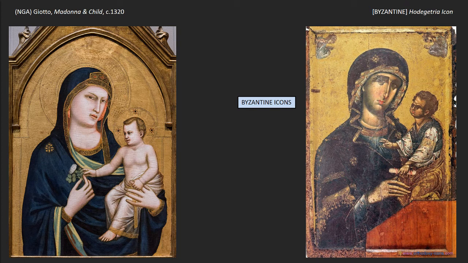These icons fell into particular types because each of them was believed to have been painted from life. So the closer they were to the tradition, the more special they became.